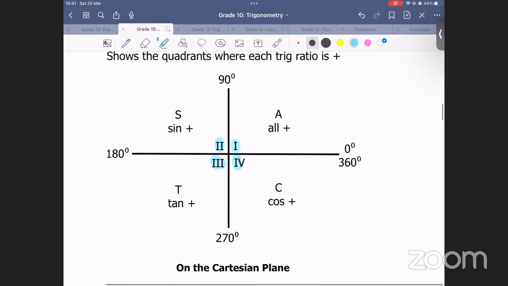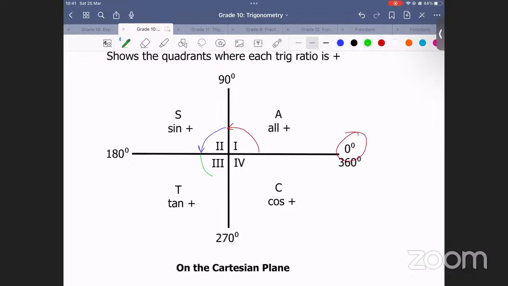From 0, which starts here, we go up to 90. All of that is the first quadrant. From 90, we go to 180 degrees, all of that is the second quadrant. From 180, we go to 270, third quadrant. And finally, 270 to 360, that is the fourth quadrant.